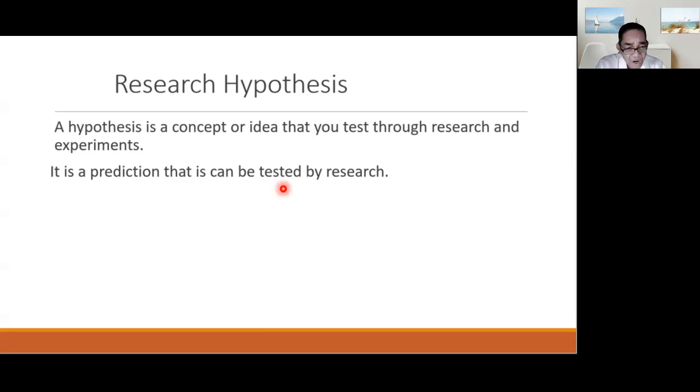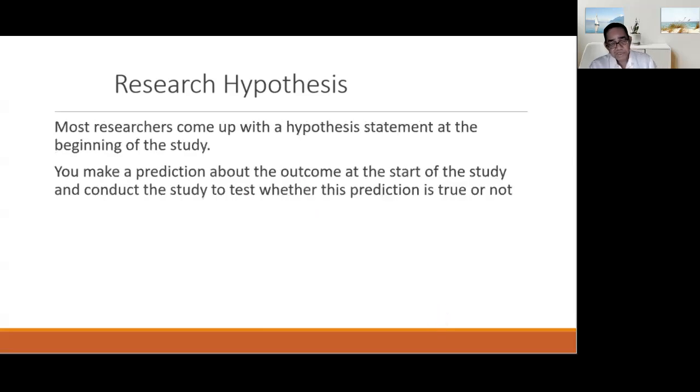It is a prediction that can be tested by research. When researchers come up with a hypothesis statement at the beginning of the study, you make a prediction about the outcome at the start of the study and conduct the study to test whether this prediction holds true or not.